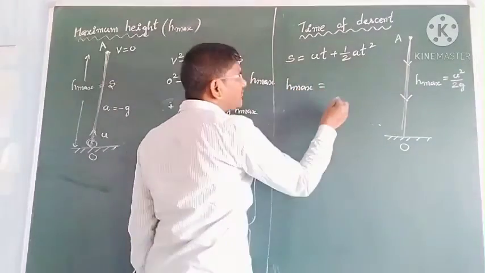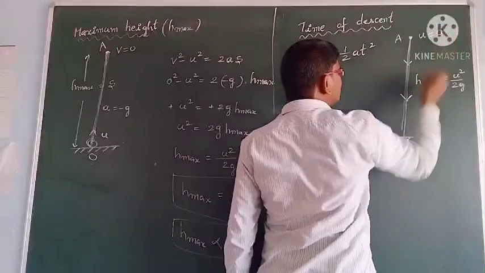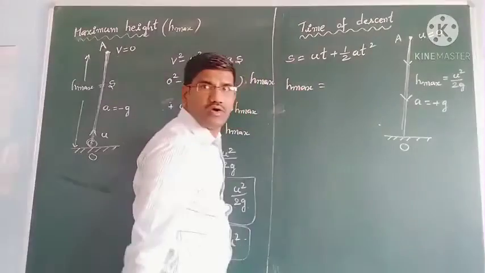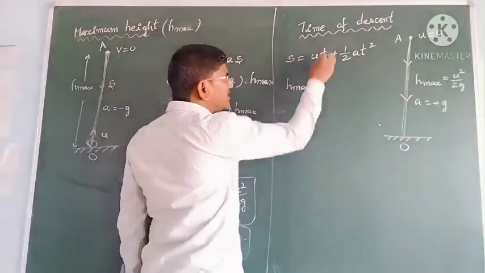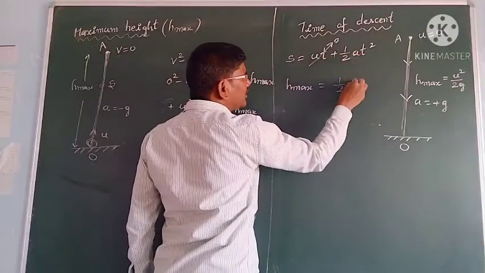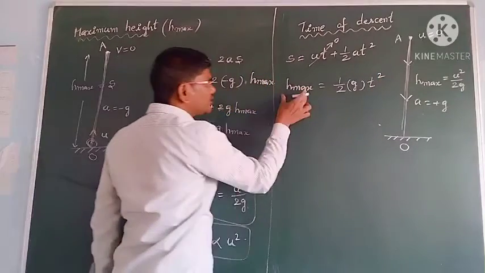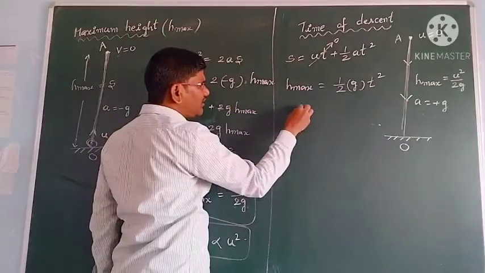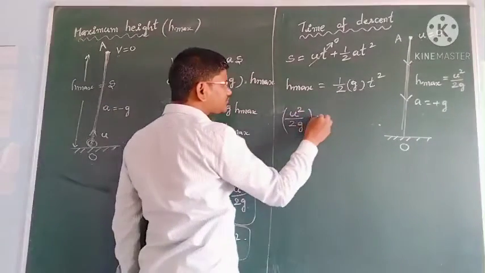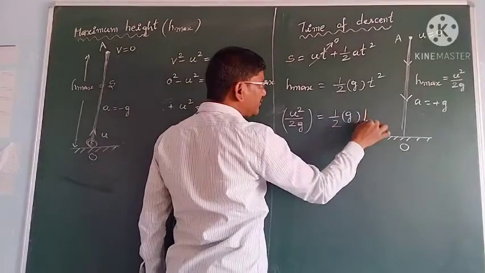And in the downward journey, in the return journey, initial velocity is equal to 0 and a is equal to plus g. Okay students, then s is equal to h maximum, this term is 0. So half into a value is equal to g and the time is t square. So now h maximum you can write as u square by 2g. That is equal to 1 by 2 into g into t square.